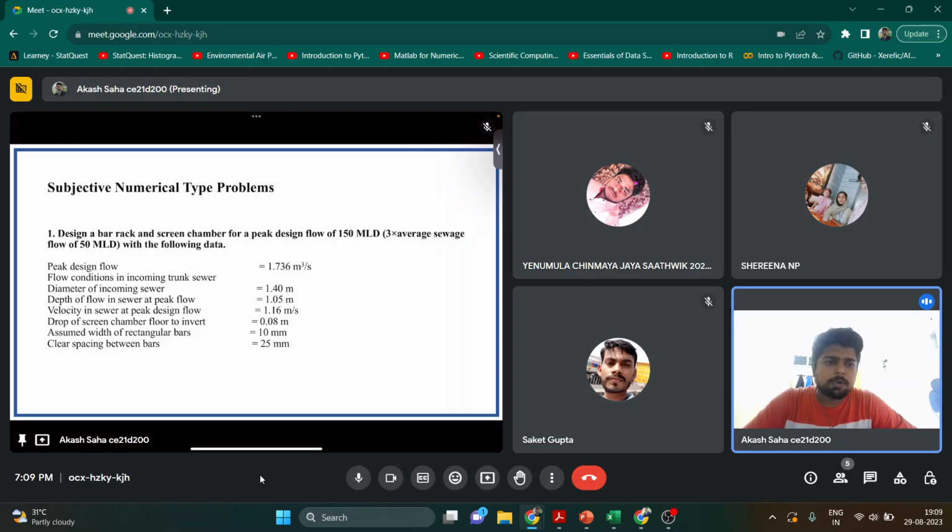If we solve the problem, we will be able to get an idea about everything related to the designing of a screen chamber.